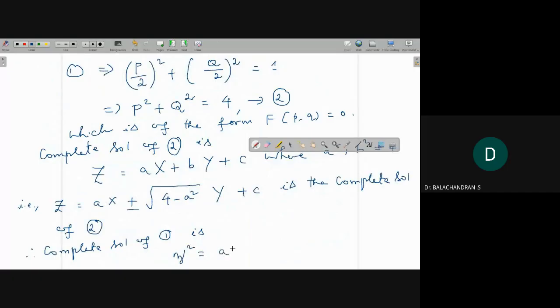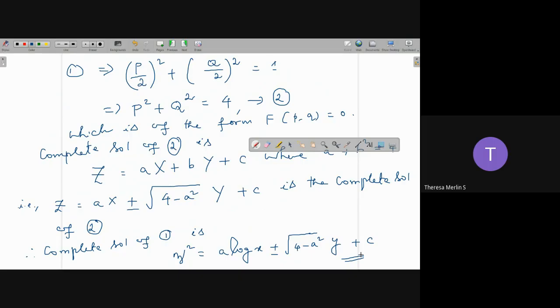Equal to a, capital X is log small x, plus or minus root of 4 minus a square, capital Y is small y, plus c. So this is the complete solution of equation 1.